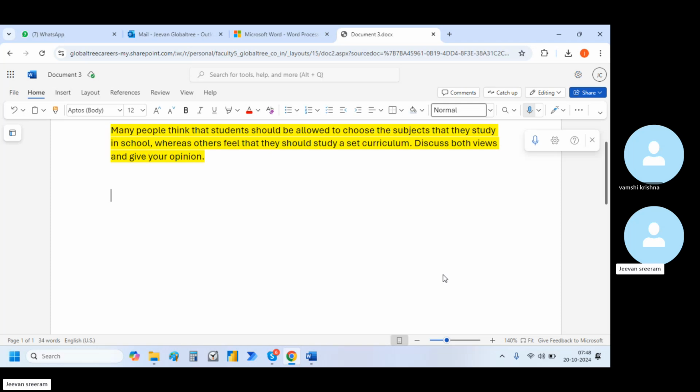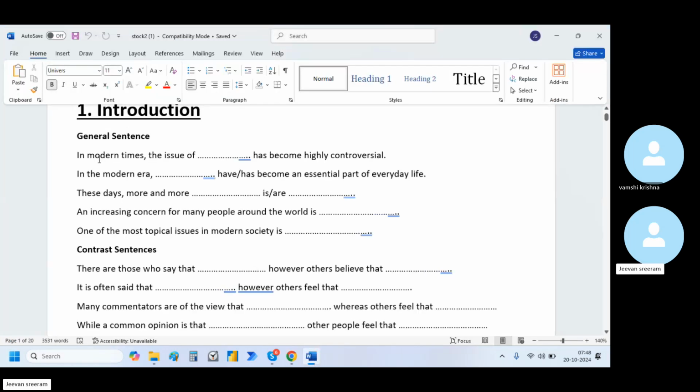So let me make use of the stock phrases. Sir, in modern times, the issue of has become highly controversial. Which stock phrase can we actually choose? Do you want me to choose, Vamshi?